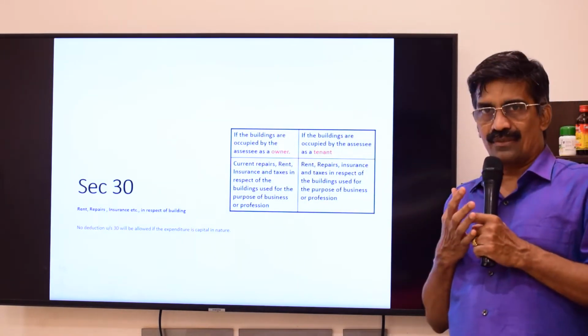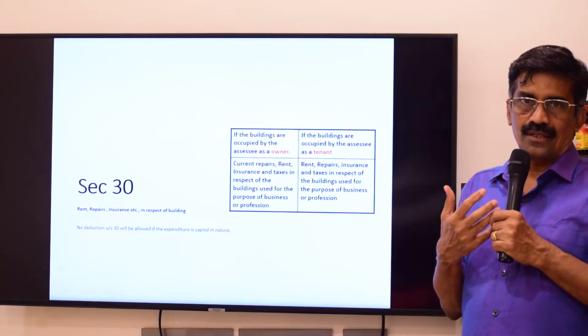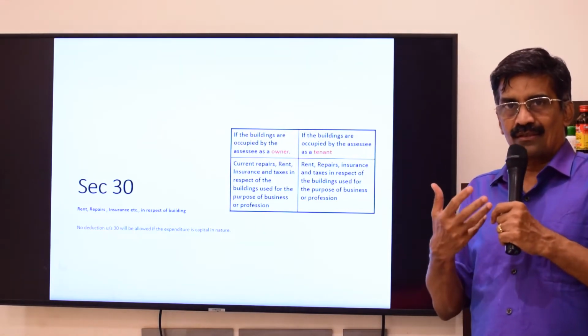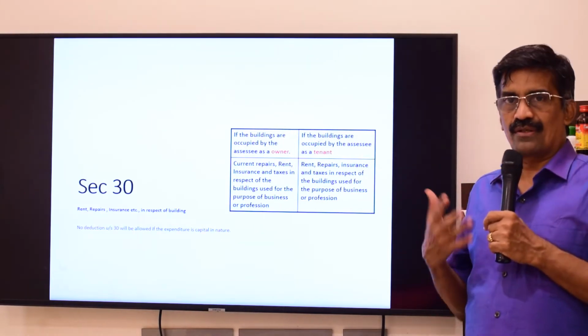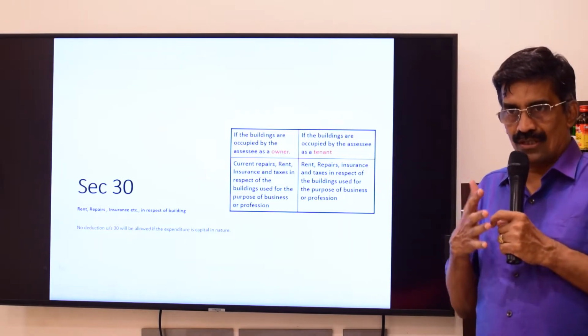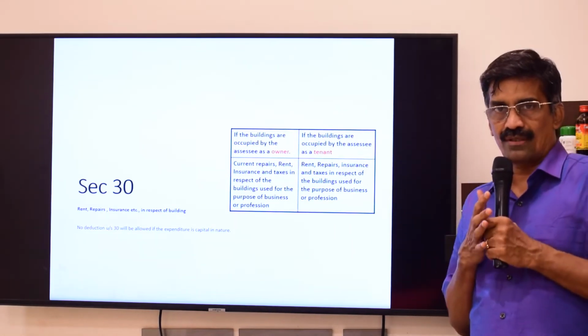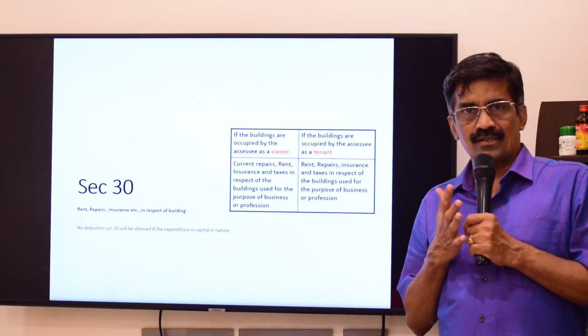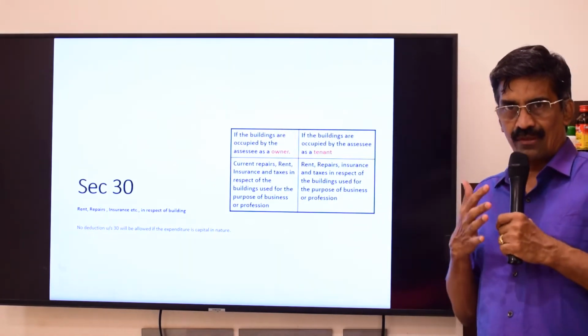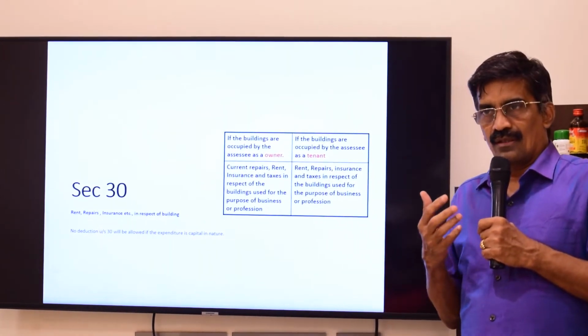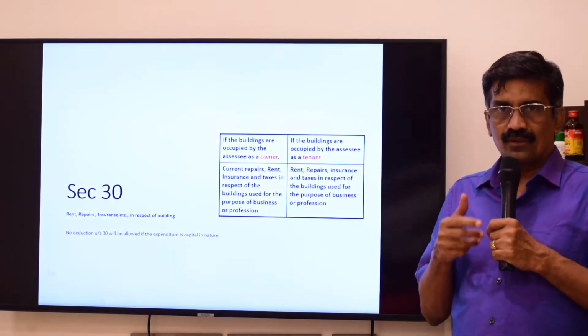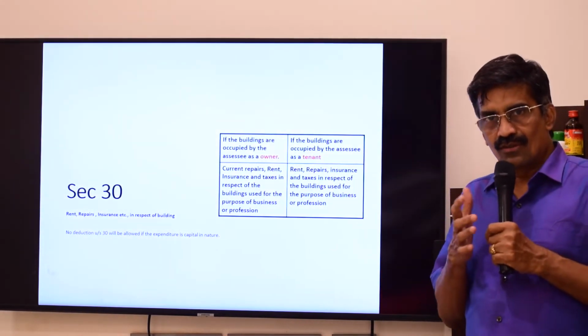So what are current repairs? They are the repairs which you have to incur every year. As and when you have to incur the expenditure, it is called current repairs. If you ignore the repairs and then incur the expenditure over a period of time... Take a CA student, for example. Sometimes when I ask them to drop me at my house on the two-wheeler, the sound of the two-wheeler is shocking.